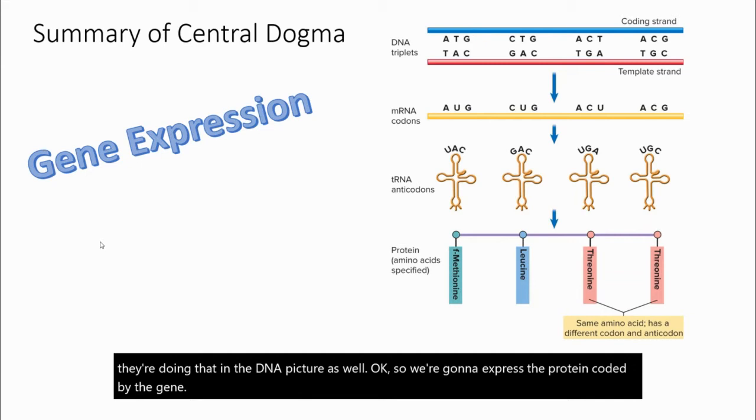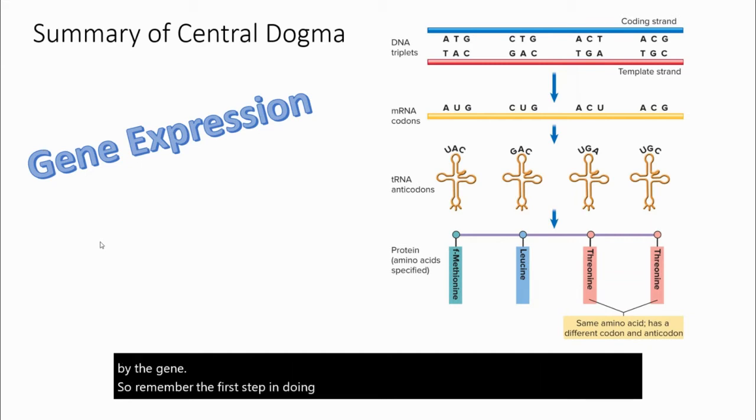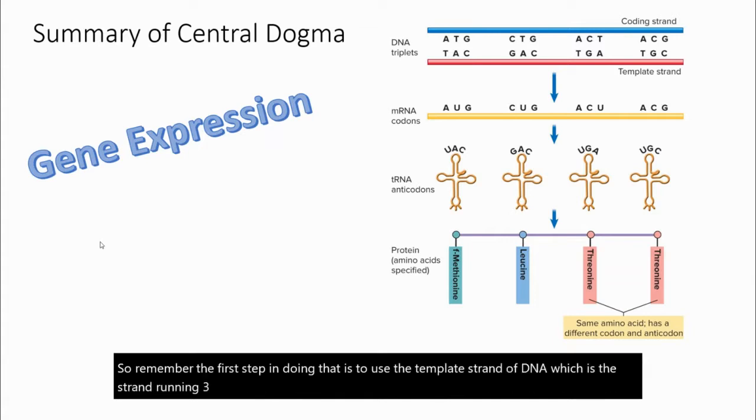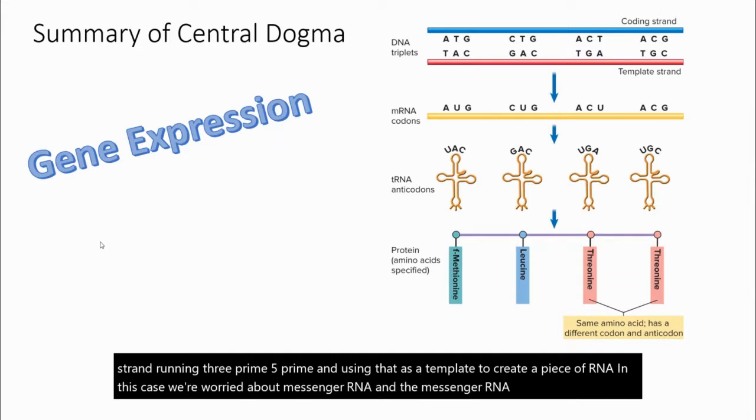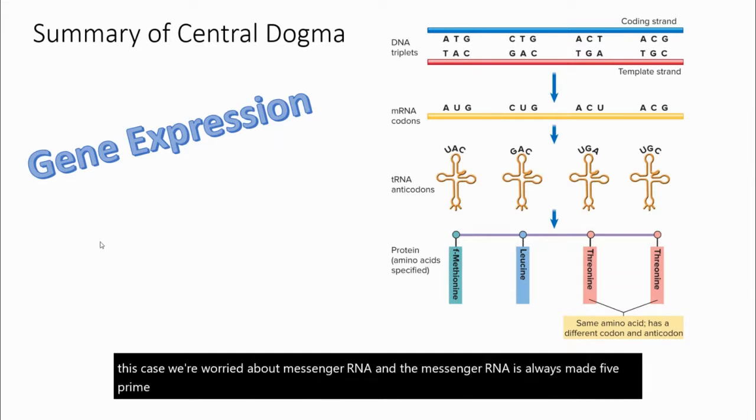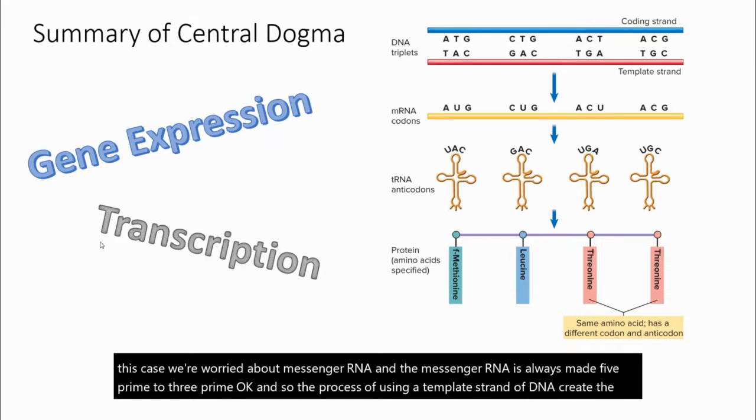The first step is to use the template strand of DNA, which is the strand running 3' to 5', as a template to create a piece of RNA. In this case, we're worried about messenger RNA, and the messenger RNA is always made 5' to 3'. The process of using a template strand of DNA to create the messenger RNA is called transcription.